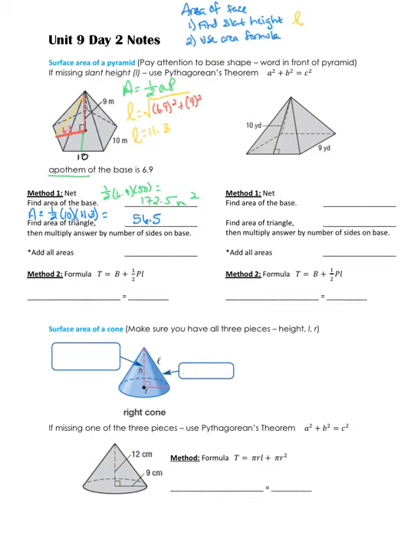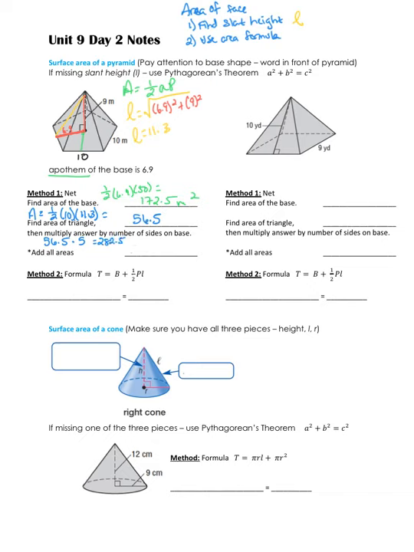How many sides are there? How many faces are there? There are 5. So if one triangle is 56.5 times 5 equals 282.5. So the total, 280, I put it in the wrong place. 282.5.